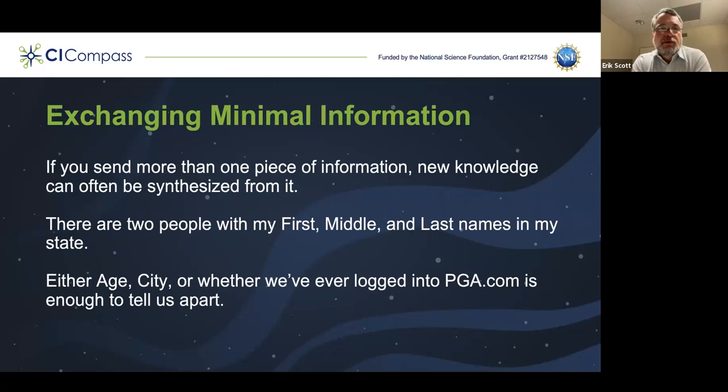So for one thing, we want to ensure that we're sending a minimum amount of information. If NC State has issued a verifiable credential that my name is Erik Scott and I was an undergrad there, currently they issue one kind of credential.